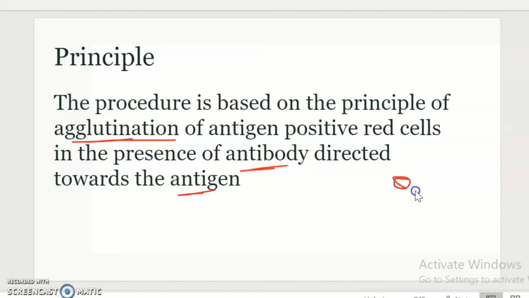If the person has antigen A, antibody A is directed towards this A antigen, and if there is B antigen, antibody B is directed towards B antigen.